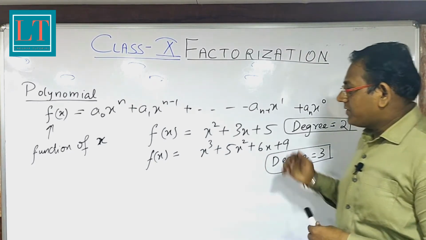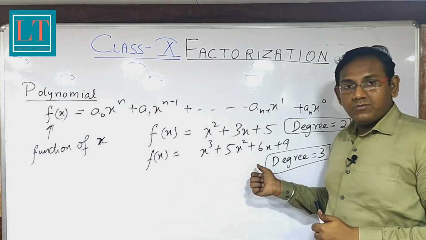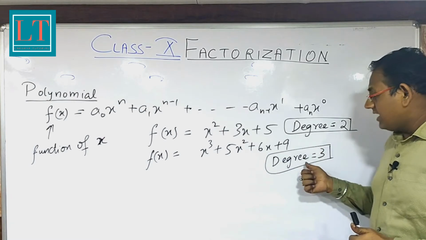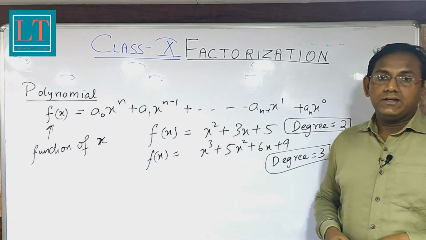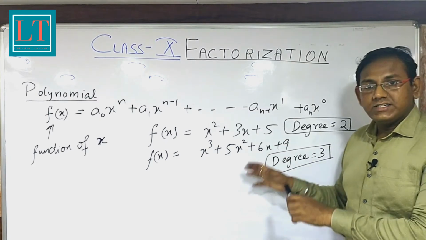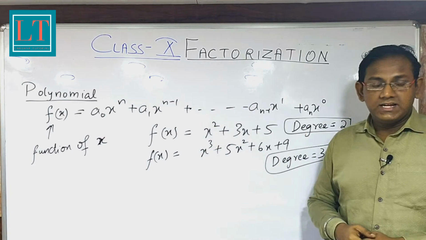So whenever we express any polynomial, we say that a given polynomial has some degree, and the highest power of x is called the degree of that polynomial. I hope you understood what is basically called a polynomial and how to easily find the degree.